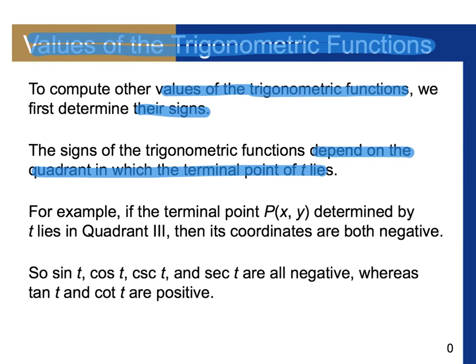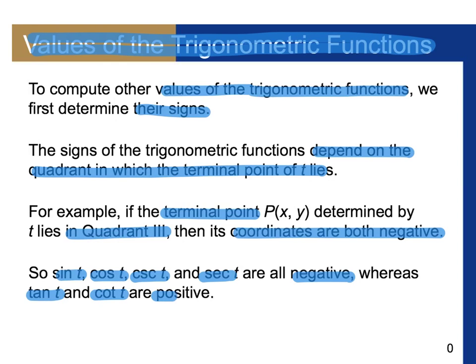If our terminal point is in quadrant 3, then the coordinates are both negative, which means sine of t is negative, cosine of t is negative, and cosecant, which is 1 over sine, and secant of t are all negative. Tangent and cotangent are positive because we're taking a ratio of two negatives. Remember, in the third quadrant, x and y are both negative.